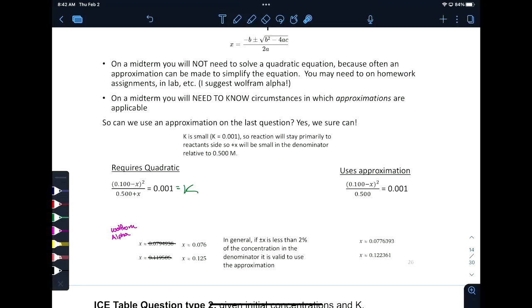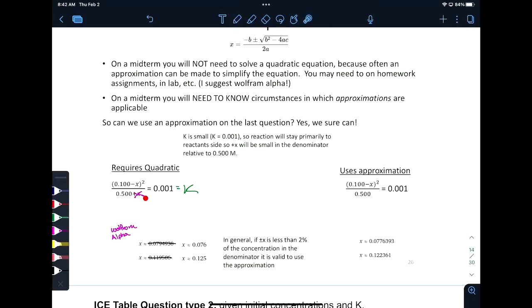So the approximation that we often use to avoid the quadratic formula is to ignore that bottom plus x, or sometimes it's a minus x. It's no big deal where that x is relatively small. Often we need to inspect the magnitude of K to see if we can do it.